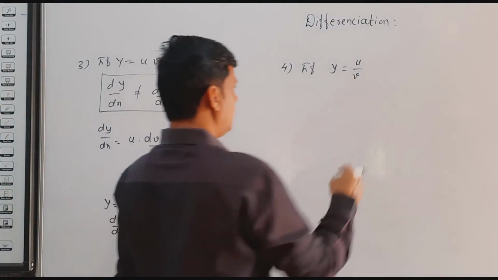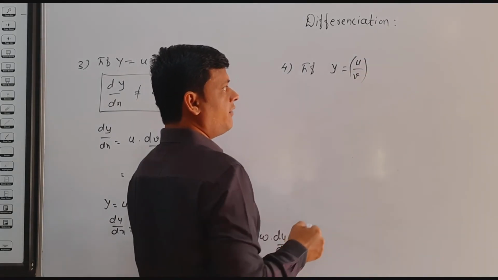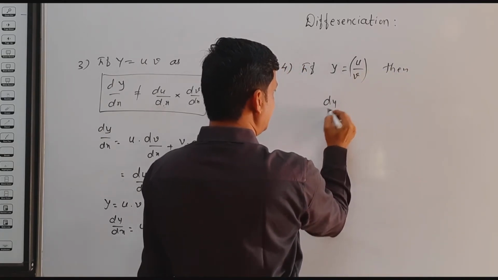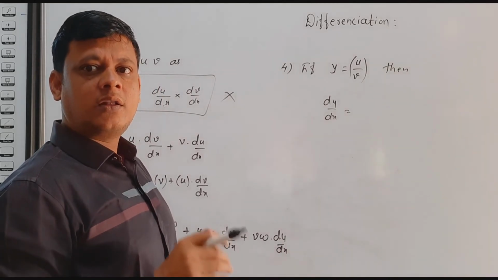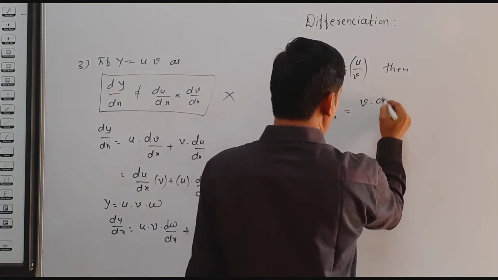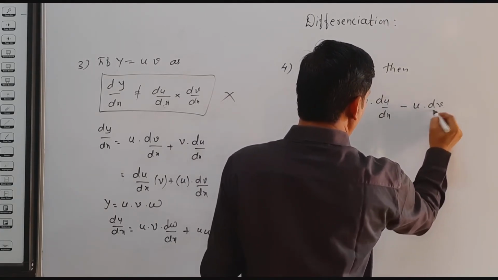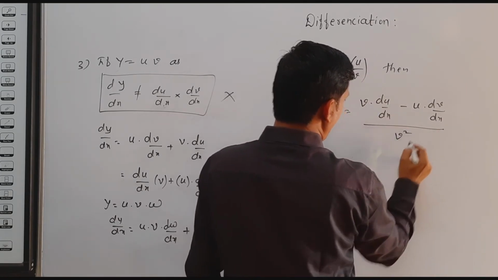Now when two functions are in quotient form, that is u by v form, then we differentiate this as dy by dx is equal to, first we have to take the function from the denominator. So we write v into du by dx minus u into dv by dx upon square of denominator.